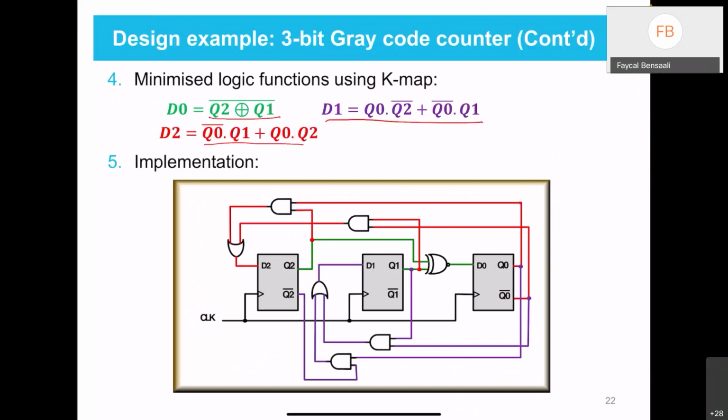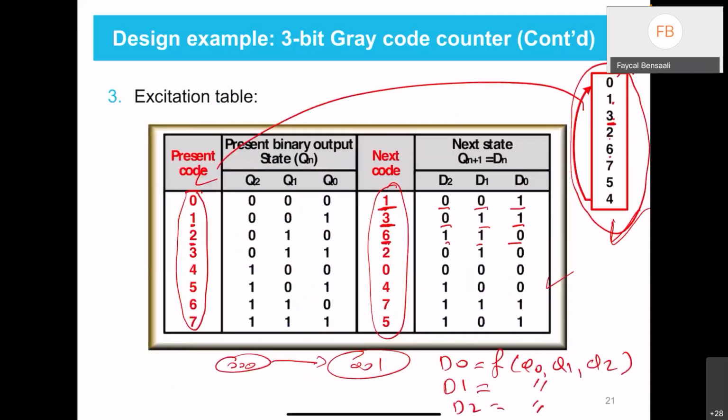I can take Q0 from here, this is Q1, and this is Q2, which I can take from here, and this is the output. This one is 3-bit, and it gives me the sequence that I want.